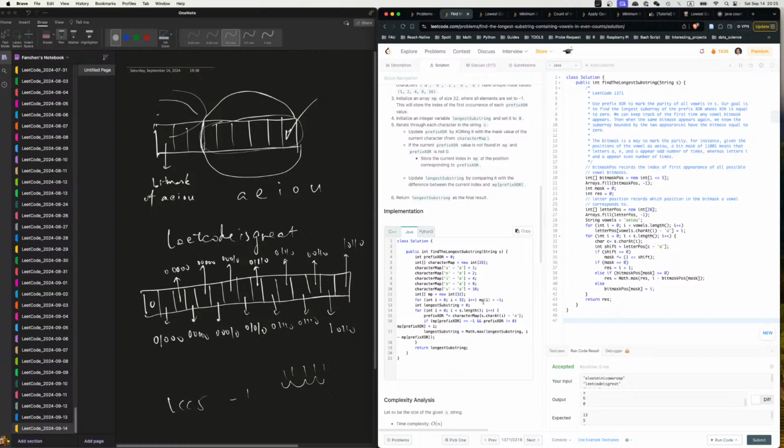And what's MP? Our MP is the first occurrence. It's the same, right? MP is the first occurrence. And we'll do exclusive or, which is my mask. So we don't have to do another check. Okay, so we're exclusive of that. If this equals -1 and this is not equal to 0, we do this.